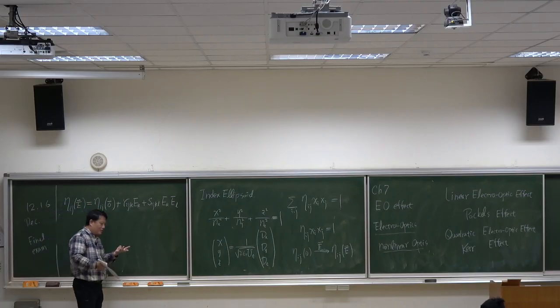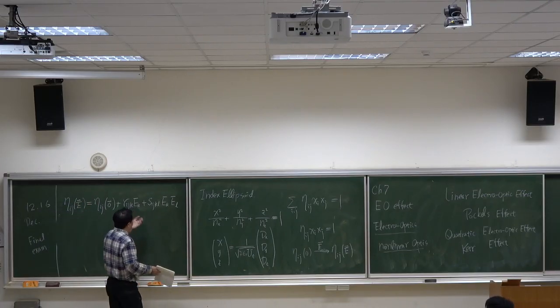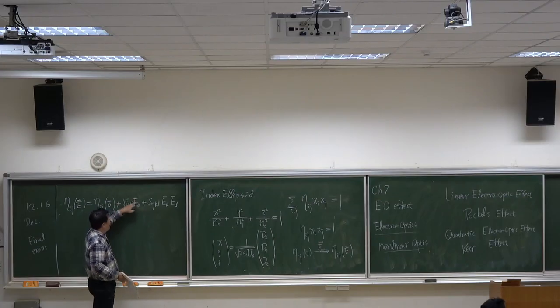E vector has 3 components, E1, E2, E3. So here we have some coefficient multiplied to every component and sum them over.